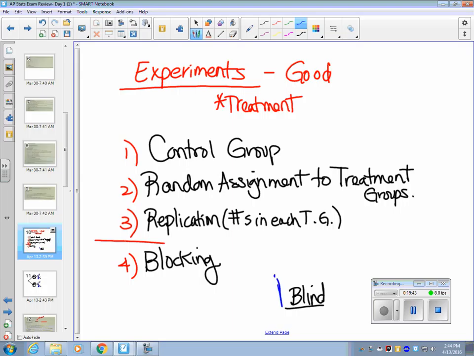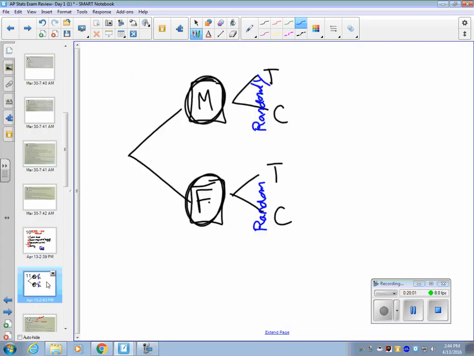Remind me, because Lily brought it up, what this idea of blind means. Go ahead, if you remember. Right. So blinding would be like if you looked at this picture, the people here and the people here don't know if they're getting the treatment or the control. That would be a blinded experiment.